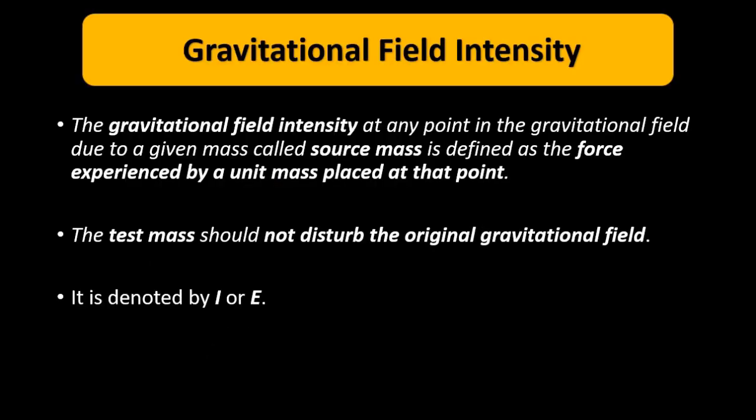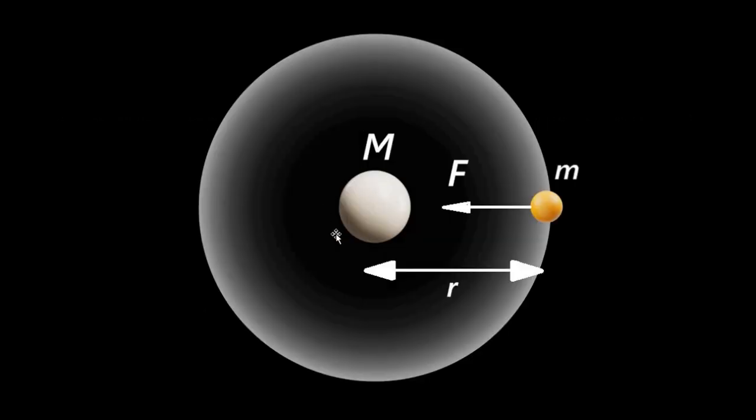Basically, the gravitational field intensity is the force acting per unit mass, or per unit test mass, placed at a certain point. Suppose we have this mass, of slightly larger size, capital M. It produces its gravitational field, this bubble region, this shaded region.